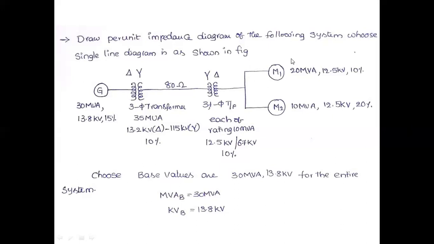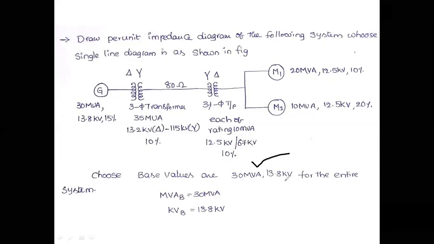Now for this entire system, I am going to choose the base values: 30 MVA and 13.8 kV.